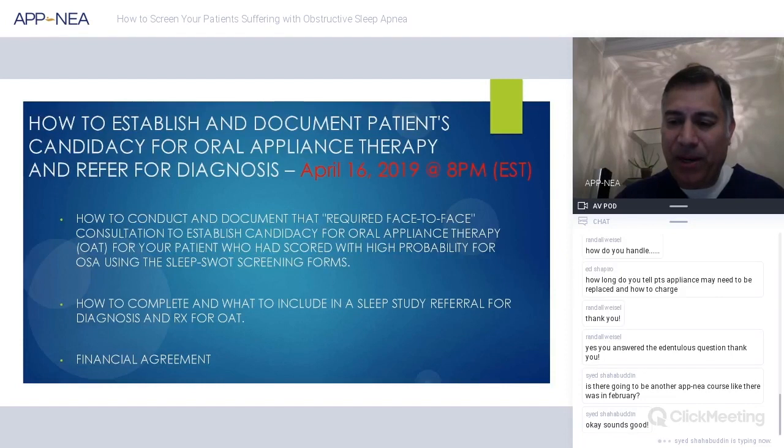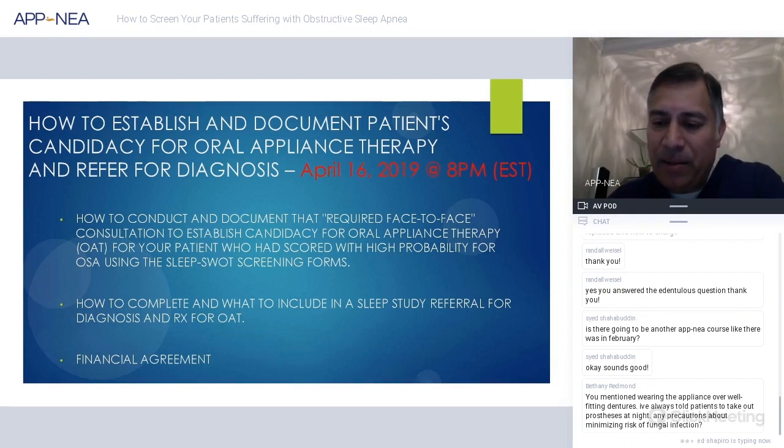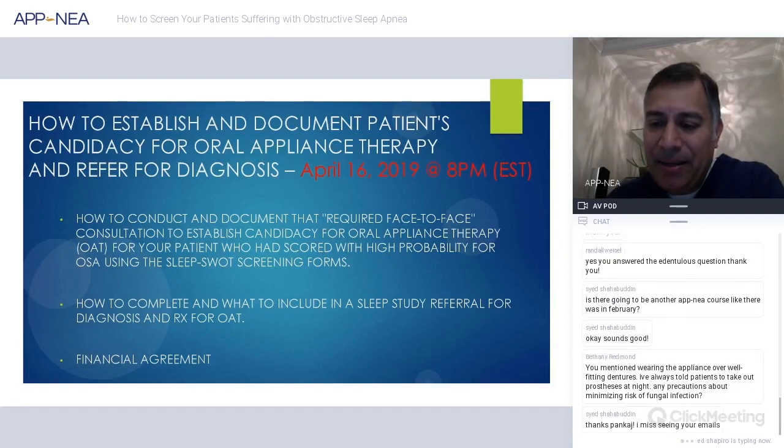Okay, we have one coming in. So the question is, you mentioned wearing the appliance over well-fitting dentures. I've always been told to tell patients to take out the prosthesis at night. Any precautions about minimizing risk of fungal infection? Yes, absolutely.